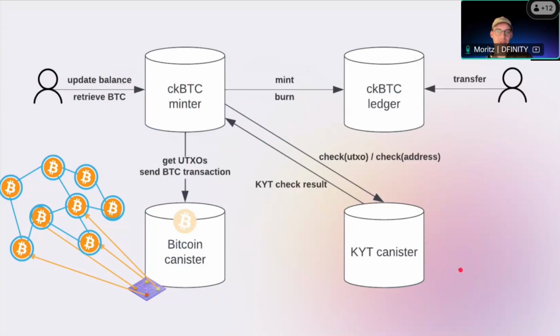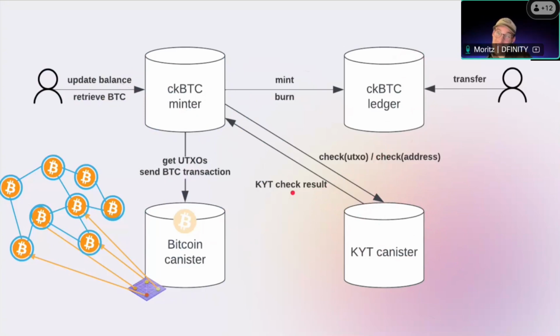And then we also have a KYT canister that we are actually in the process of getting rid of. But as of right now, I think it's still used to make sure that the CKBTC minter only has clean UTXOs and that it only interacts with clean addresses.